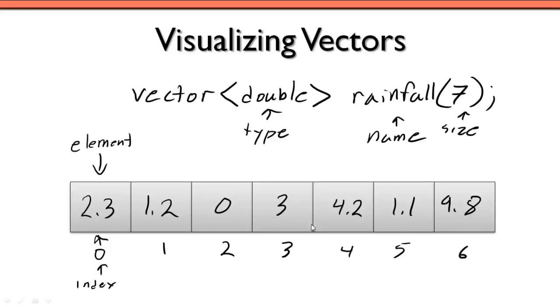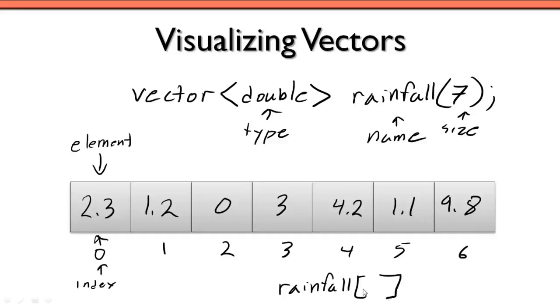And we can make use of this particular vector and access any one of our elements at any point in time. So we can have direct access to any particular value in this vector. And the way we do that is just via the name of the vector, so in this case, rainfall, and then in square brackets, we would specify the index value.